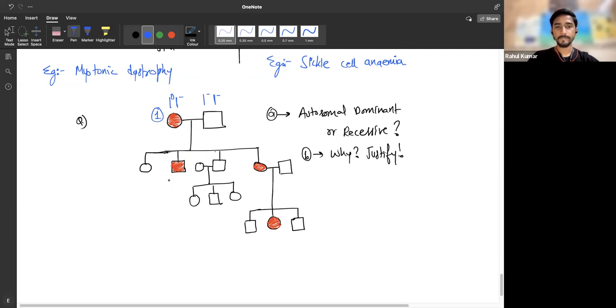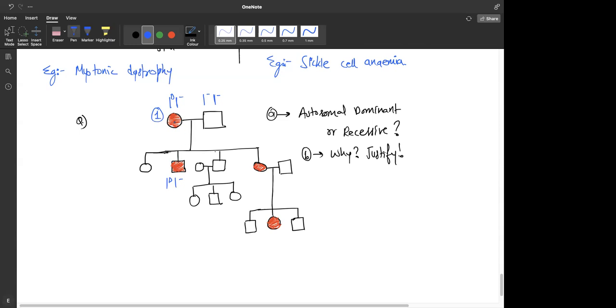The first kid, this is a male who got affected. Now, if the father is normal and the mother is affected, and a male got the disease, it clearly tells that he got this disease gene from the mother and the normal gene from the father, right? Do you understand, everyone?